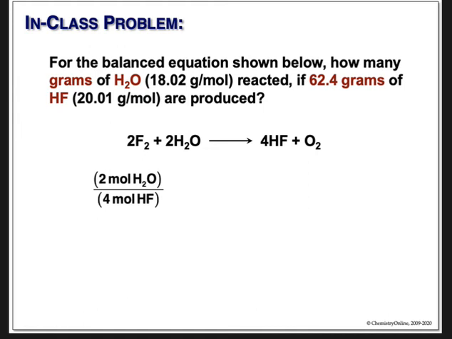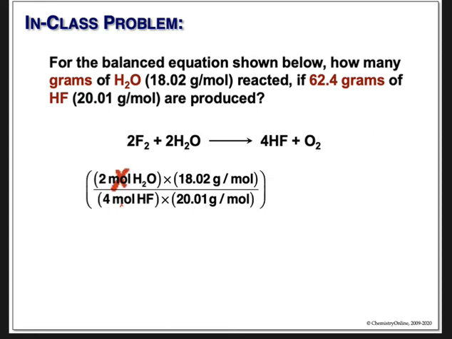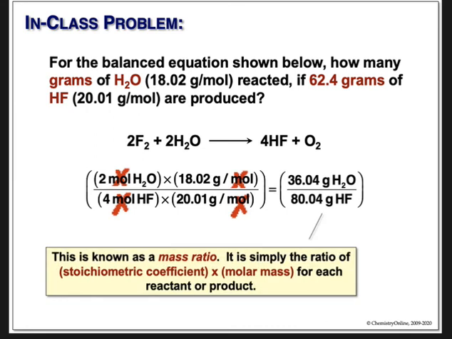We need to multiply that by 4. 2 times 18, 4 times 20. This is the stoichiometry from the equation, and this is the molar mass. If we multiply this out, we get a ratio 36 over 80. That's our final mass ratio.